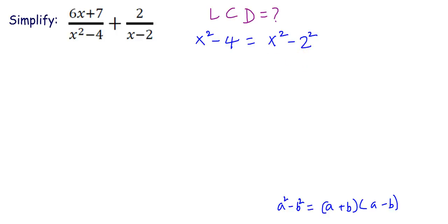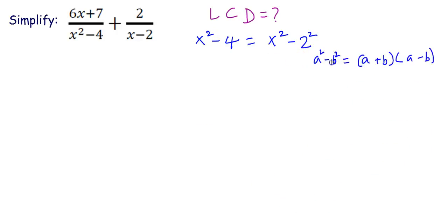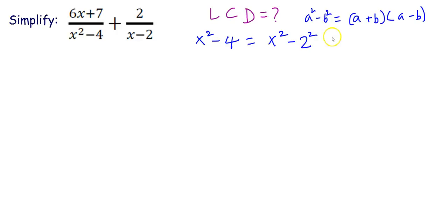Now this is of the form of a square minus b square is equal to a plus b times a minus b. So the first plus second times first minus second equal to square of the first minus square of the second. So this is the formula, the difference of two squares. We have already seen it before.